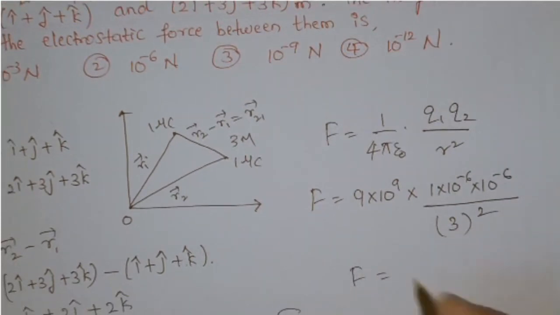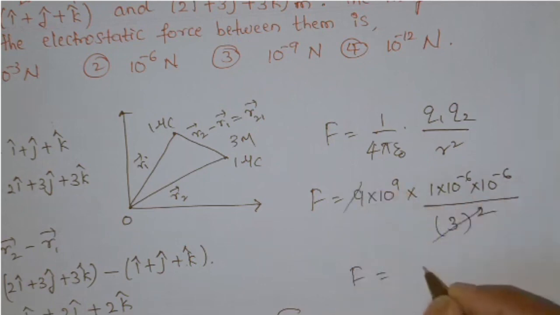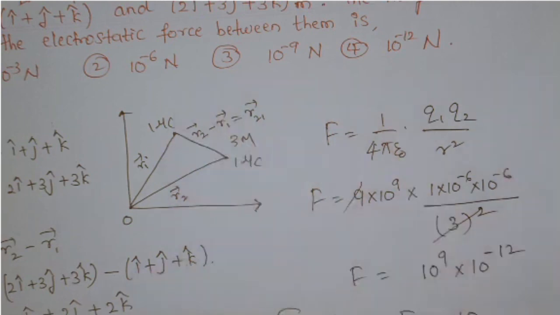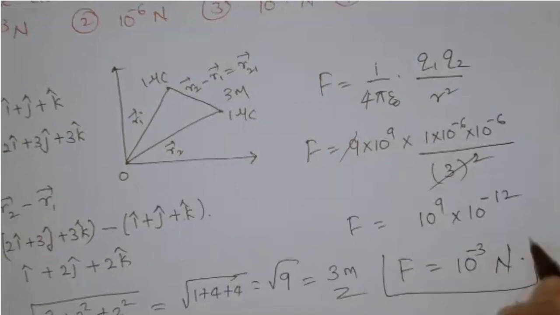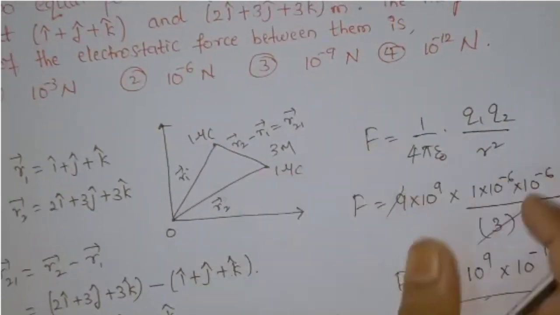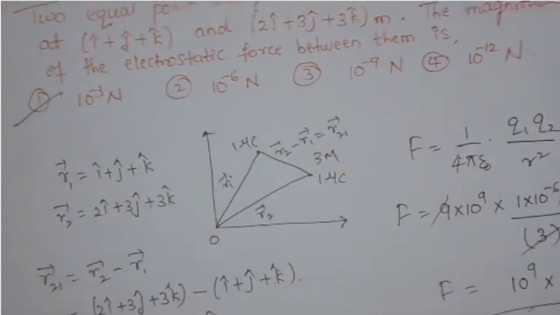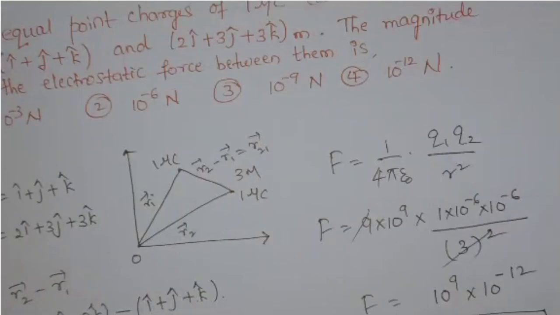Therefore F equals, you can solve it, right? 9 by 9 cancels, so 10 raised to 9 into 10 raised to minus 6 minus 6, that is 9 minus 12. So F is 10 raised to minus 3. Orally you can do it very simply. So the answer would be 10 raised to minus 3 Newton.